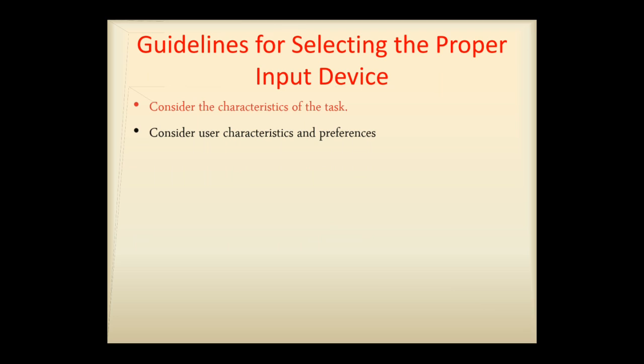Sometimes children or people with disabilities, who may not be in a state to use their hands, may find it difficult to use devices requiring a high degree of accuracy. So all these things have to be considered when we are trying to select a particular input device, right?